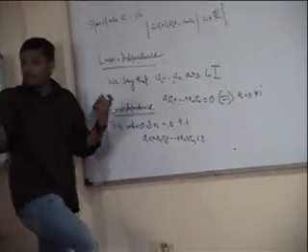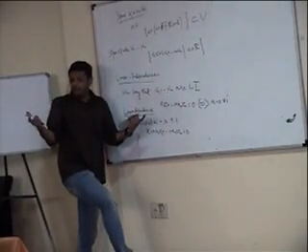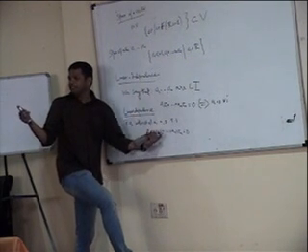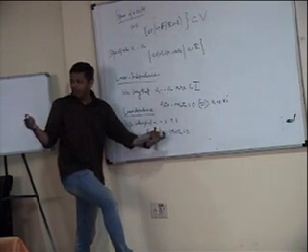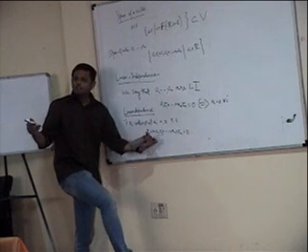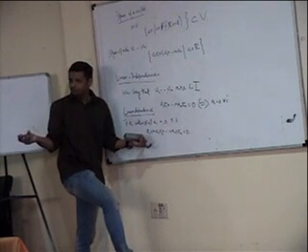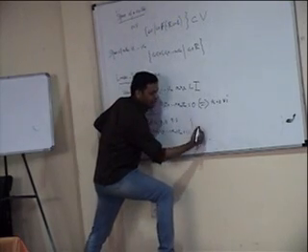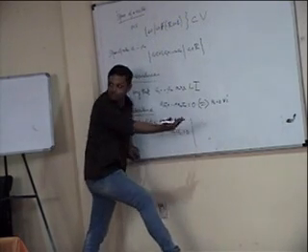There exists a collection of ai, not all 0, such that summation ai vi is equal to 0. Without loss of generality, let us assume that aj is not 0, the jth element is not 0. Then what I can do is take all the other elements to the other side.